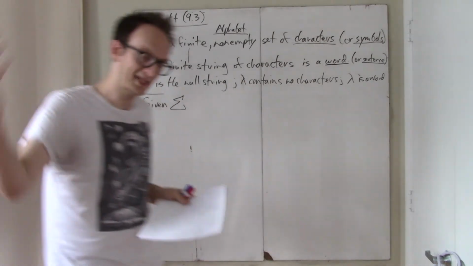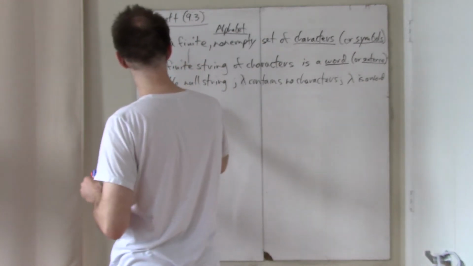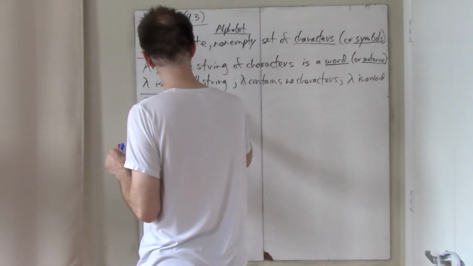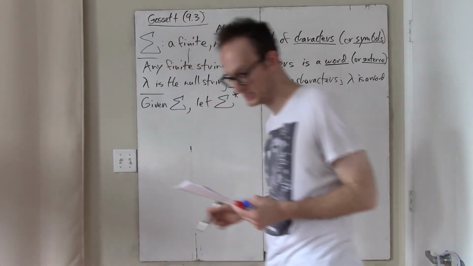If I was doing this in class, I would let the confusion happen and maybe address it later. But given some alphabet, I'm inventing this notation now that's slightly different from Gossett, but it's basically the same.